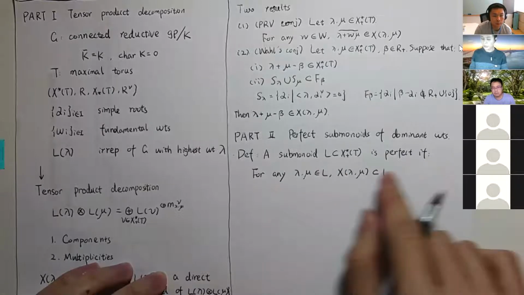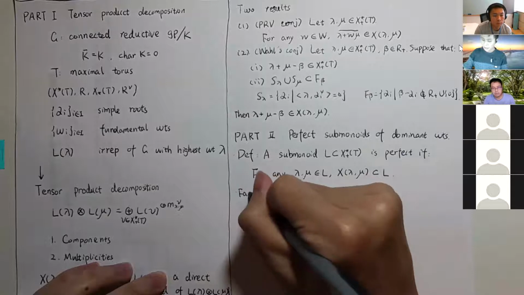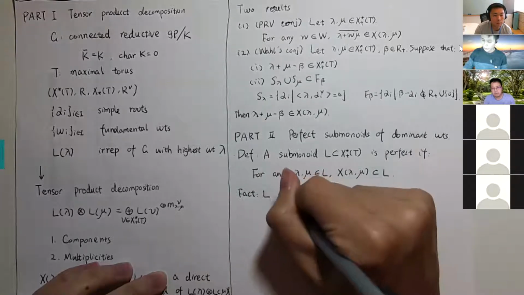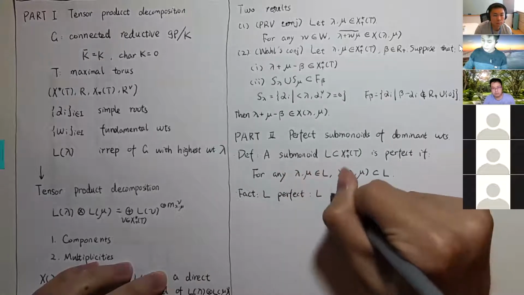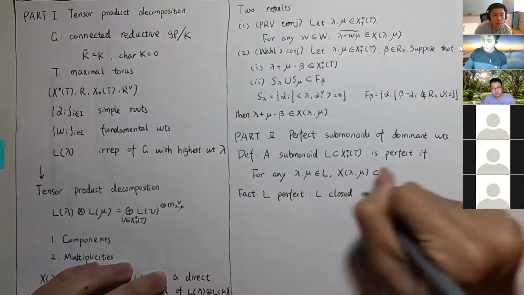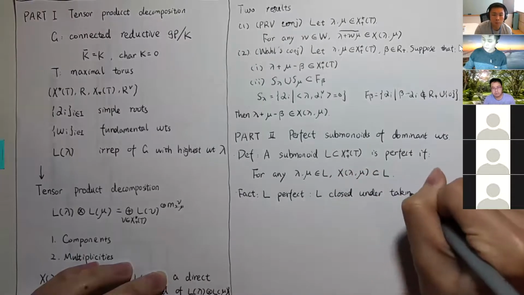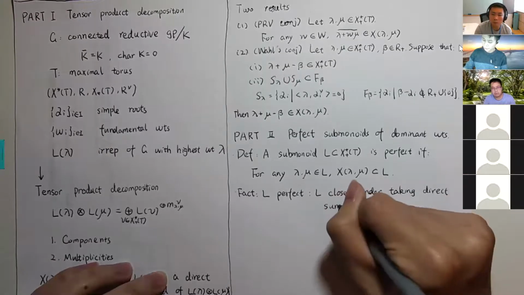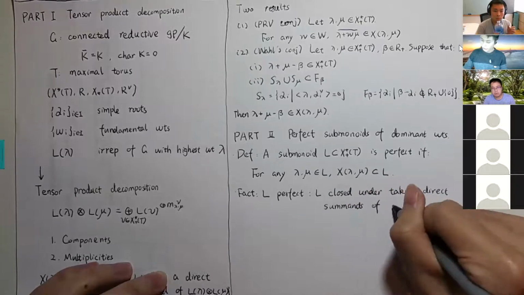We can notice that L being perfect is actually saying that L is closed under taking direct summands of tensor products.